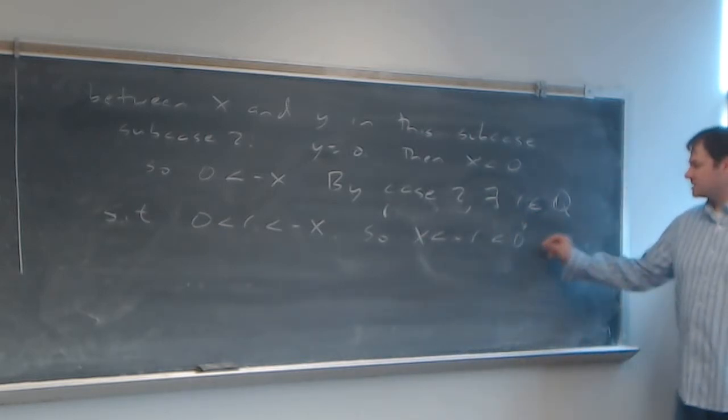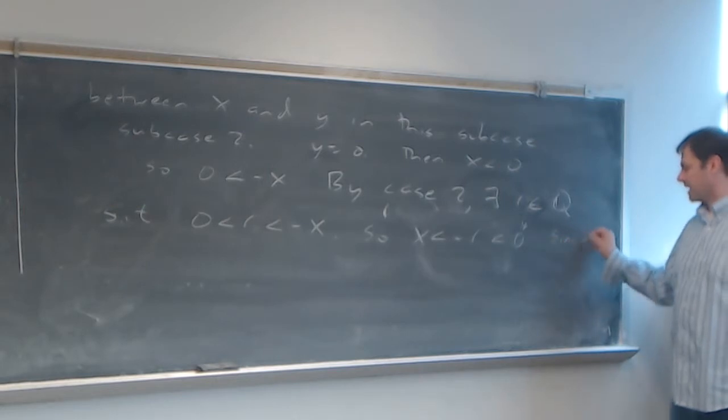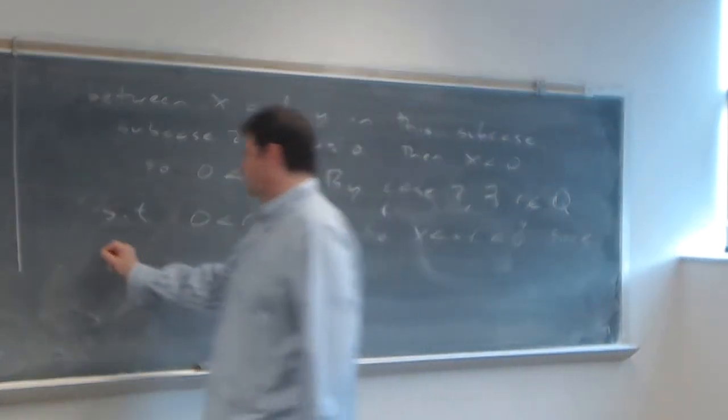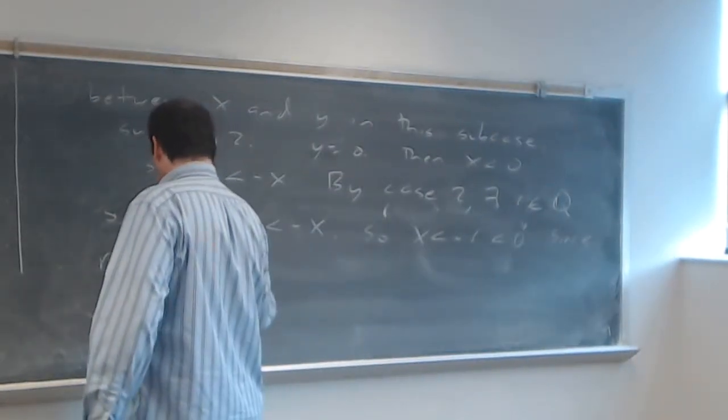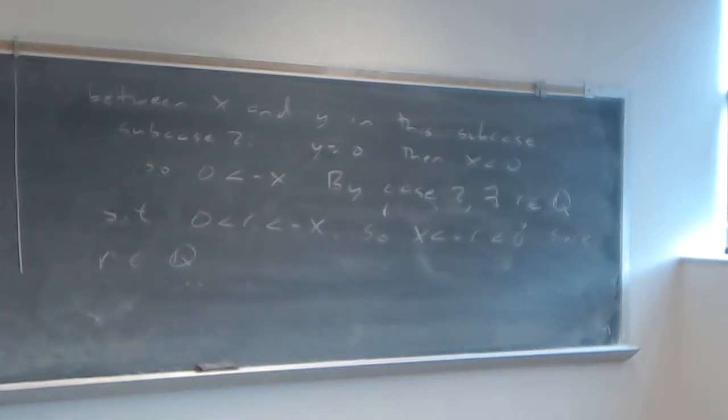Now, since r is an element of Q, you know what that means? It means it looks like an integer over an integer. So what's minus r? It's minus that first integer, top integer, over the same bottom integer. Is that okay with everybody?